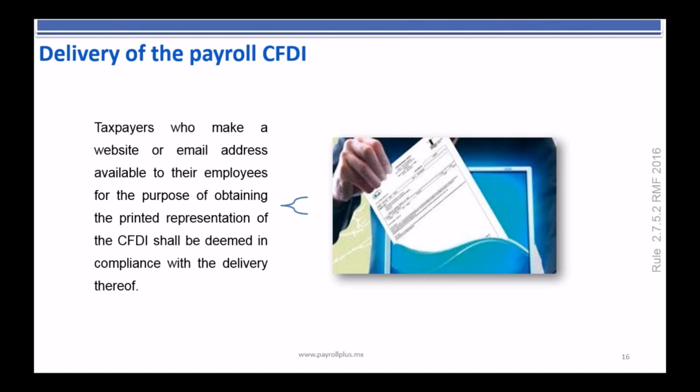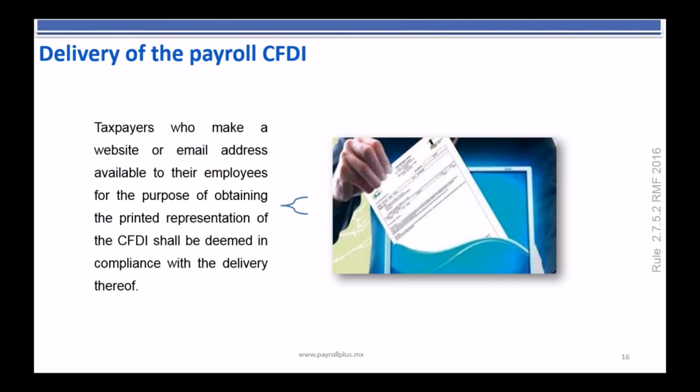So this means that if you don't want to go into the hazard of having a line of your employees picking up their XML, you can set up a website or email address where they can log on and have access to their payroll receipt in XML version. That should be good in order to comply with the requirements.